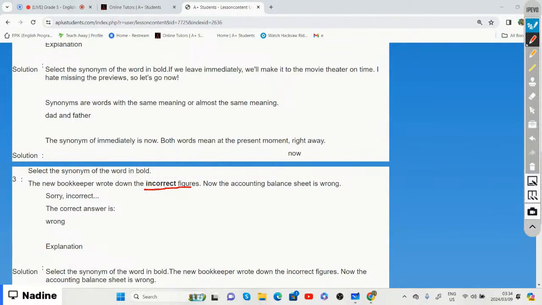Now the accounting balance sheet is wrong. We need to find the synonym of the word incorrect.